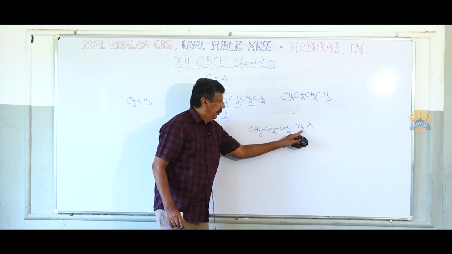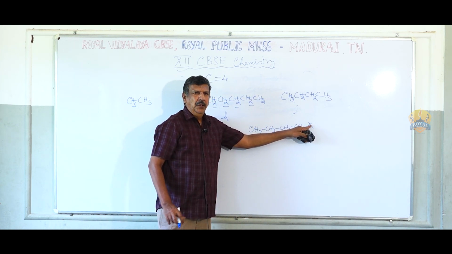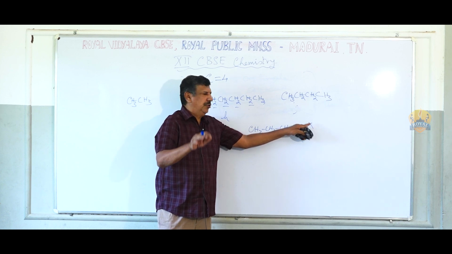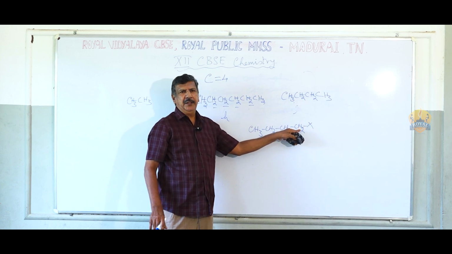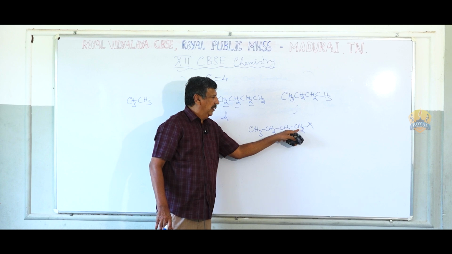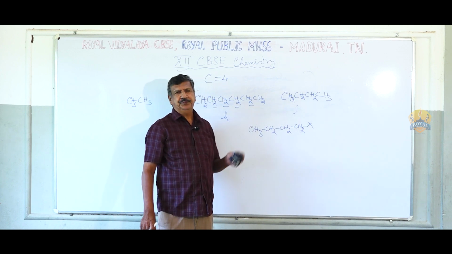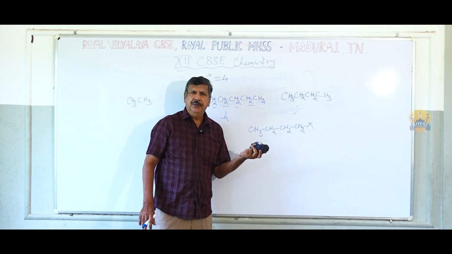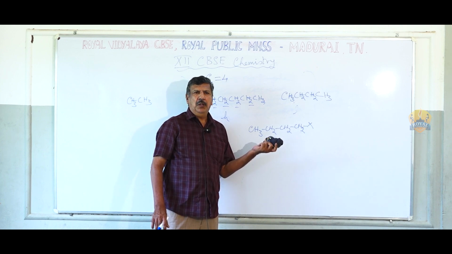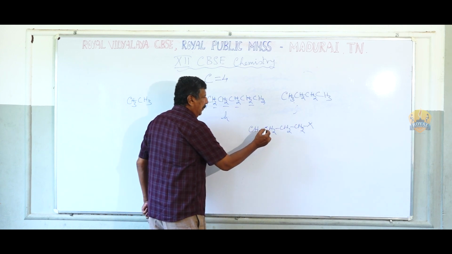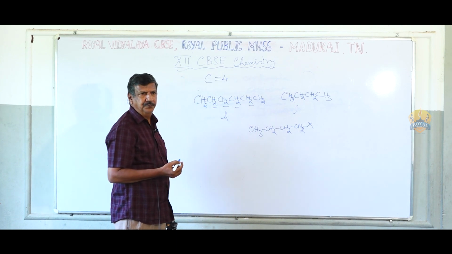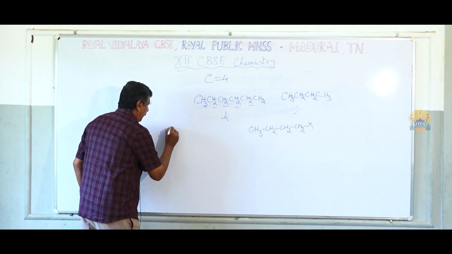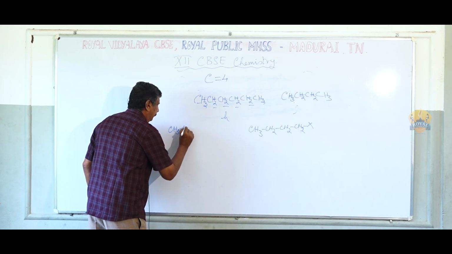When you introduce a group, you should see to it that it replaces one hydrogen. Now the formula becomes CH2X. Somebody can ask me, can you introduce it in the middle? Oh, you can do it. This is one formula.